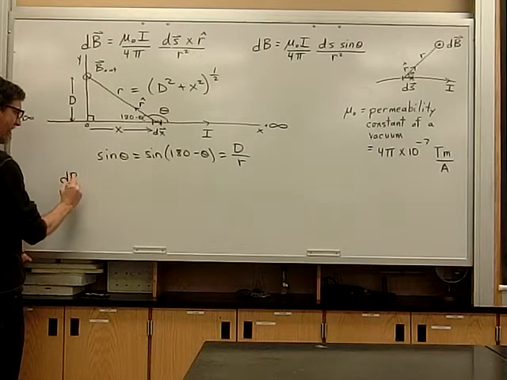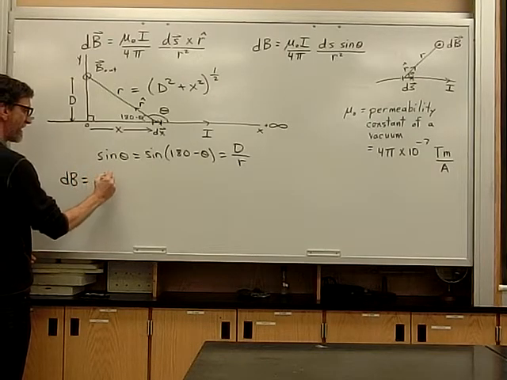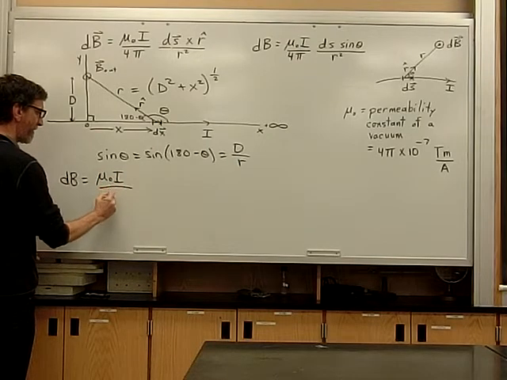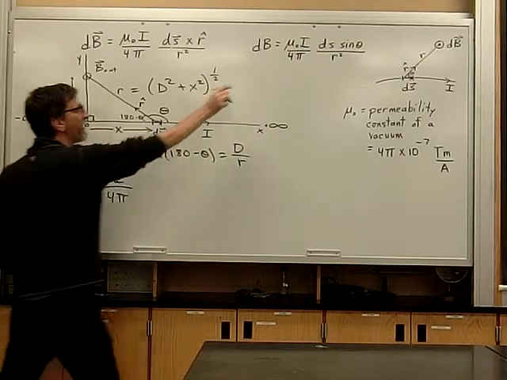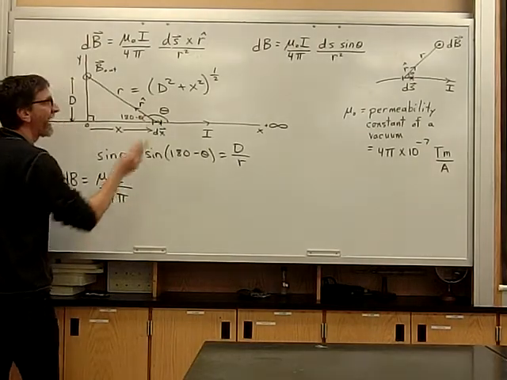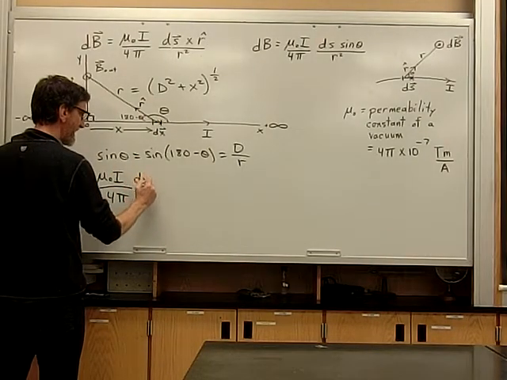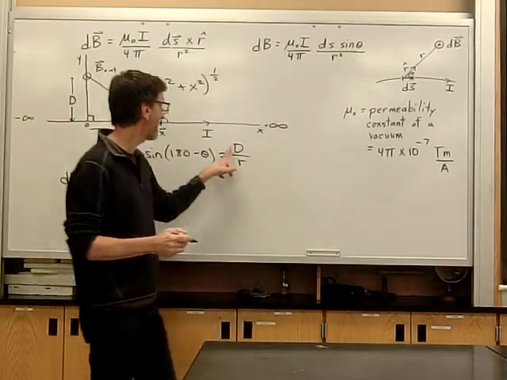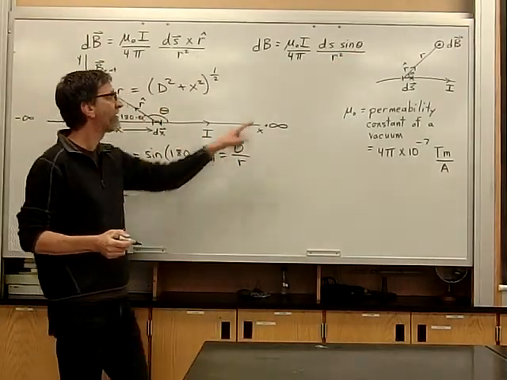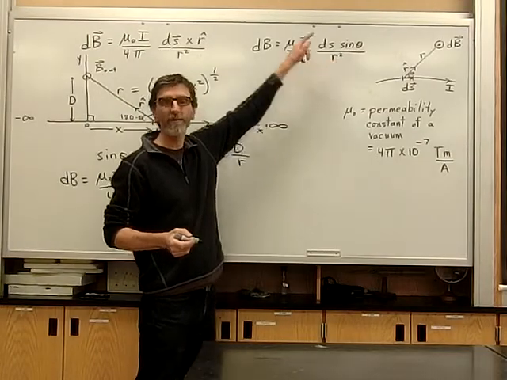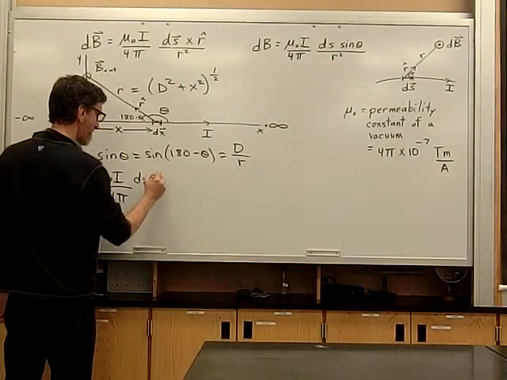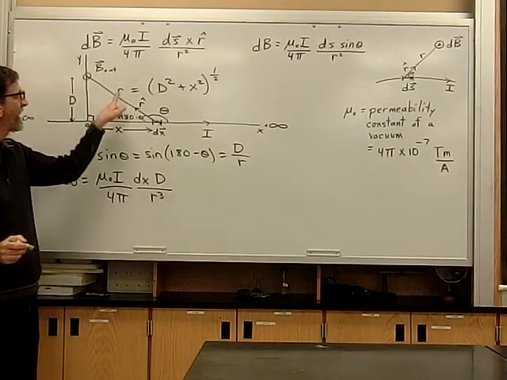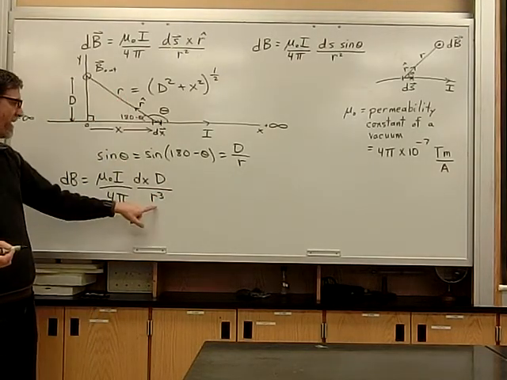So dB is that constant mu naught I over 4 pi. I'm writing this equation down. I have a dx instead of a ds. And now I've got to substitute for sine theta. Sine theta is d over little r, but there's a little r squared on the bottom, so that's d over r cubed. And now I can rewrite it substituting for r here.